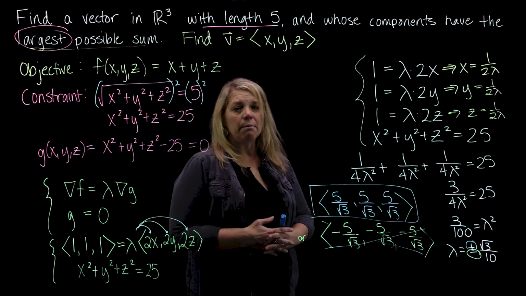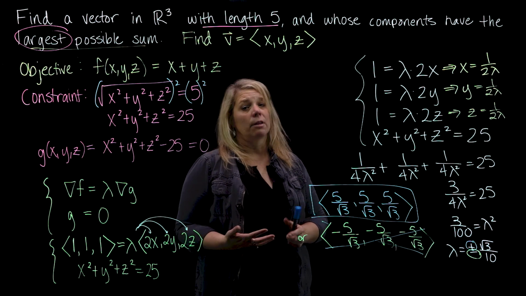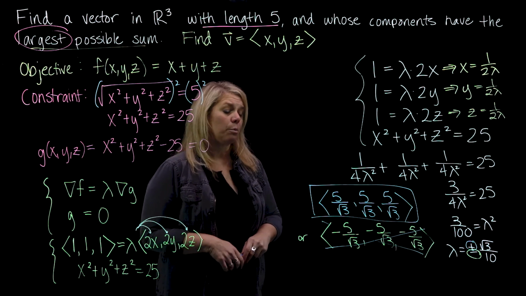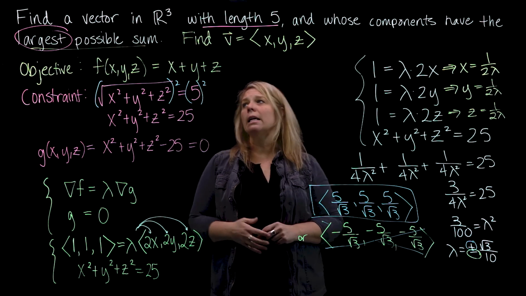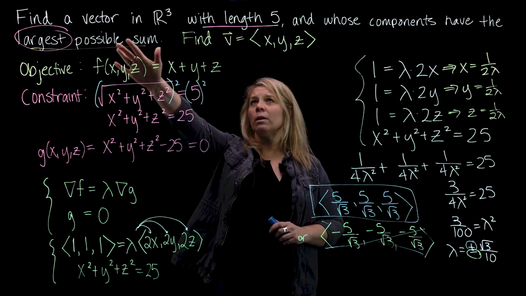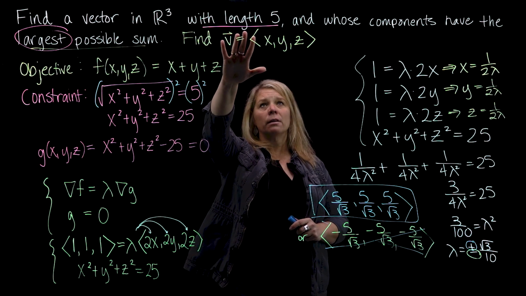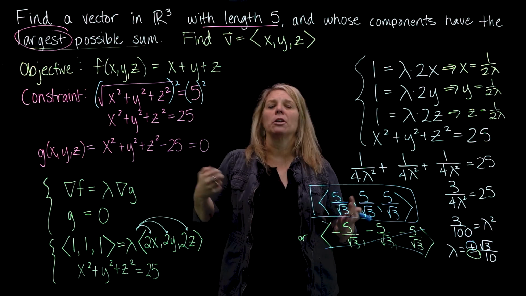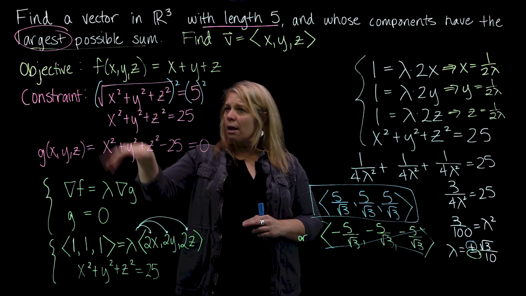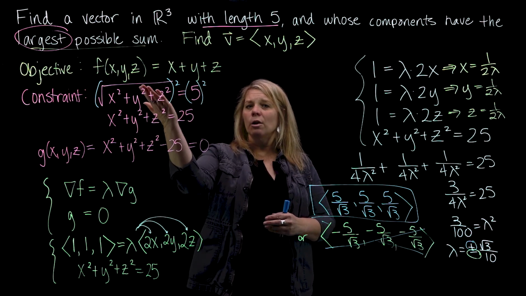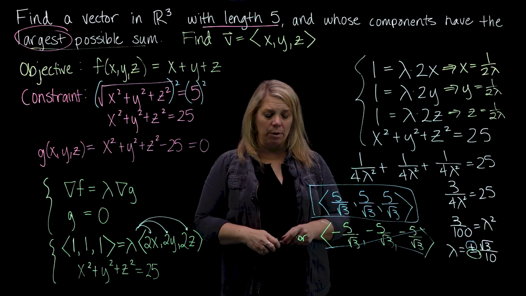The other question might be, are there other values that do give larger possible sums? Is this like a saddle point? One way to think about that might be just to find another vector with length 5. It should be easy for you to write down lots of vectors of length 5, and think about what they give for that output function.